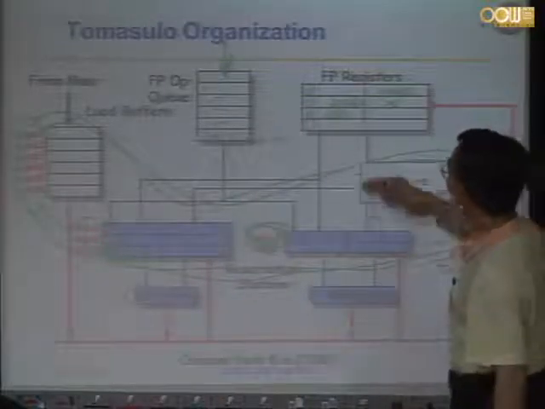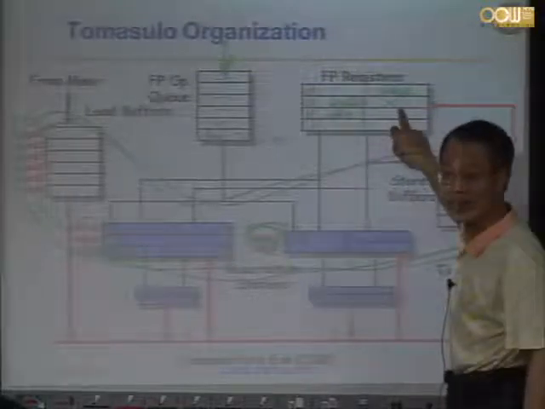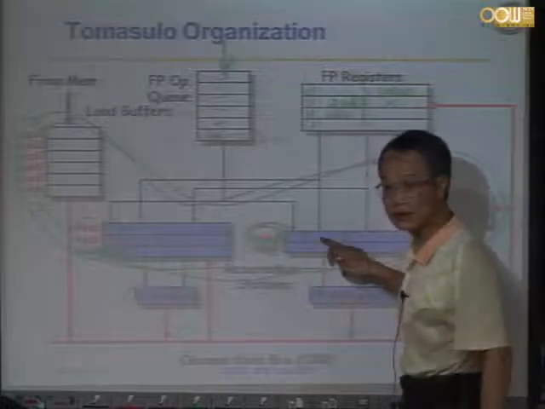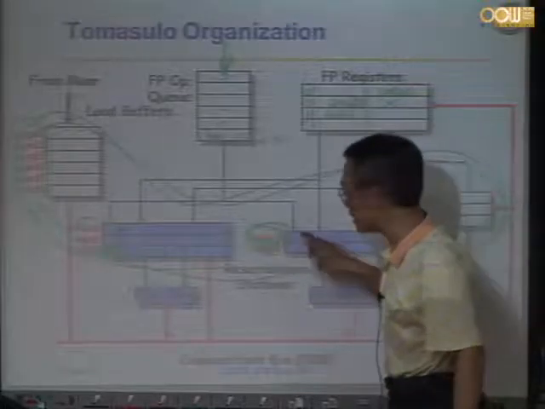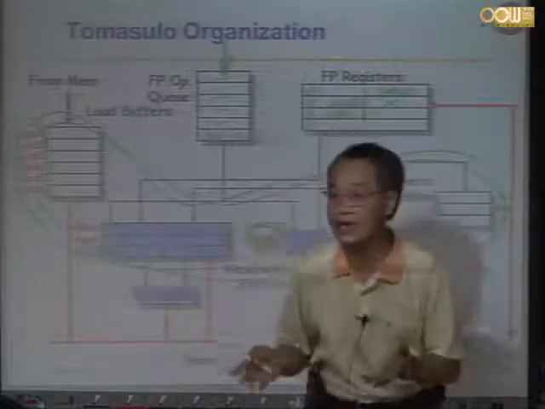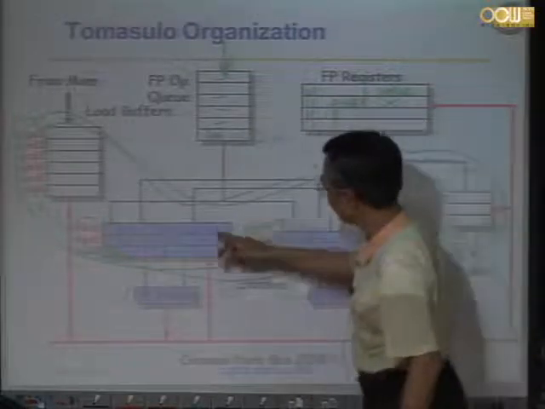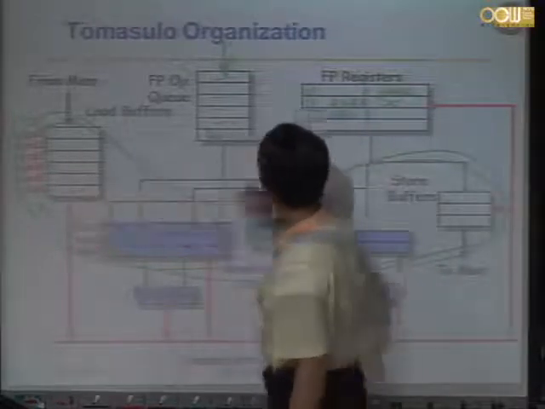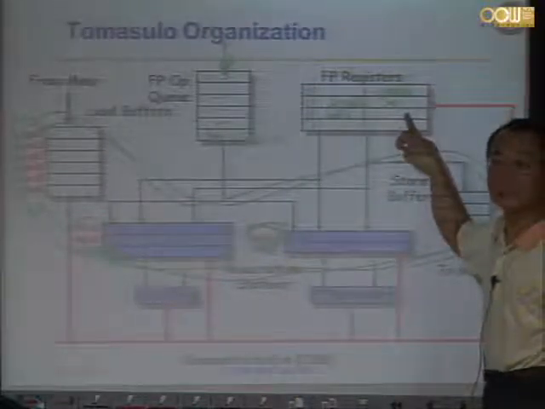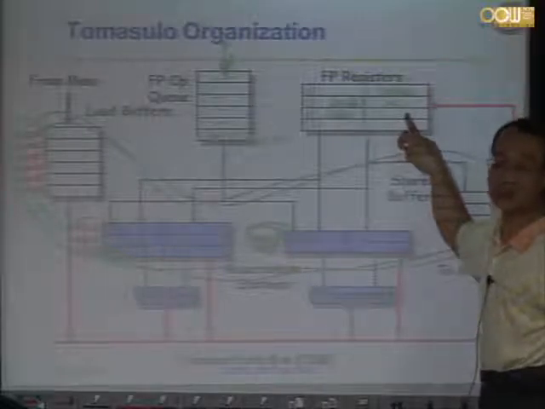So you see R2 could be in here if it has a valid value, or could be in here, or anywhere. So R2 can have up to 12 copies. 1, 2, 3, 4, 5, 11, 12. R2 could reside in 12 different locations simultaneously.